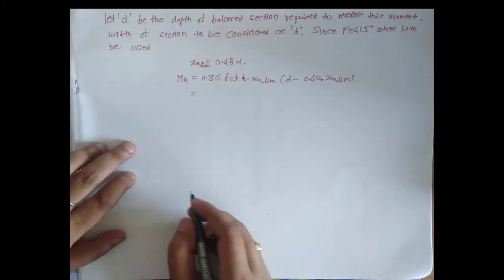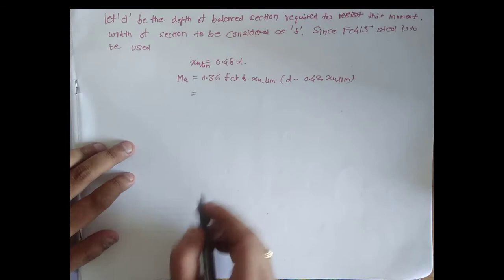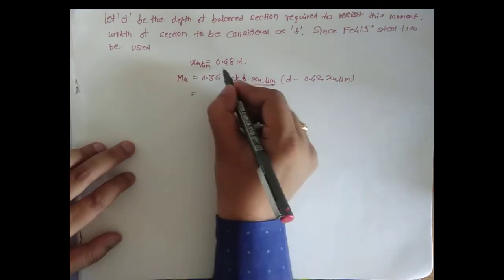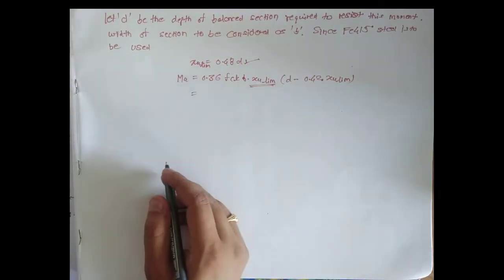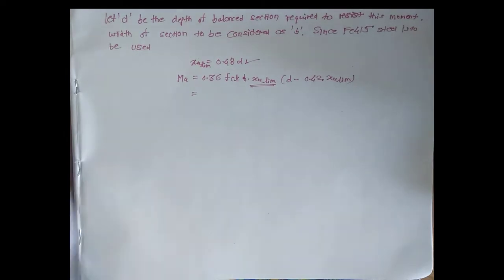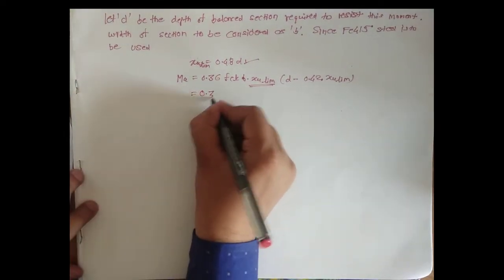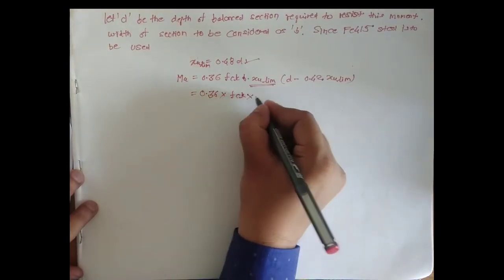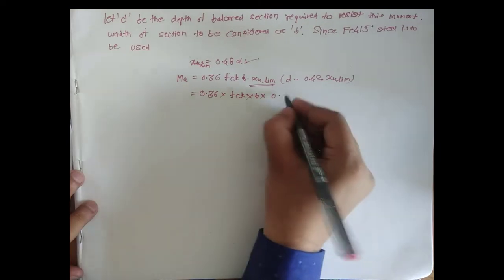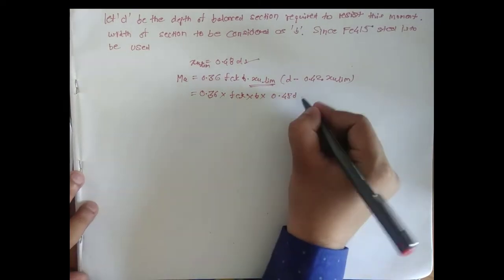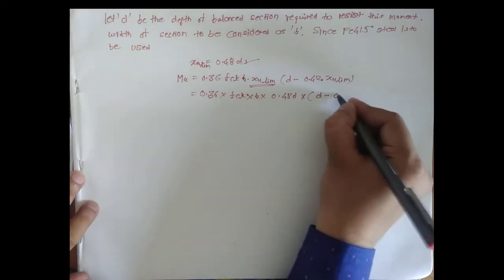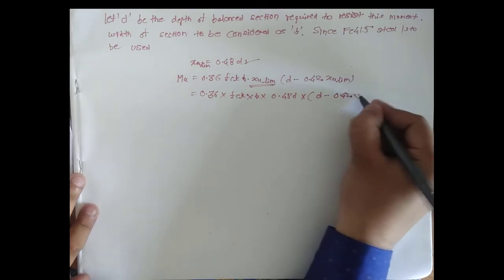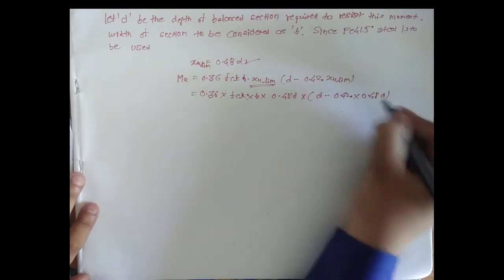Now in order to calculate the depth, we need to put the value of XU limit in this equation. I'll elaborate the entire process. So it equals 0.36 into FCK into B into 0.48 D into D minus 0.42 into 0.48 D.